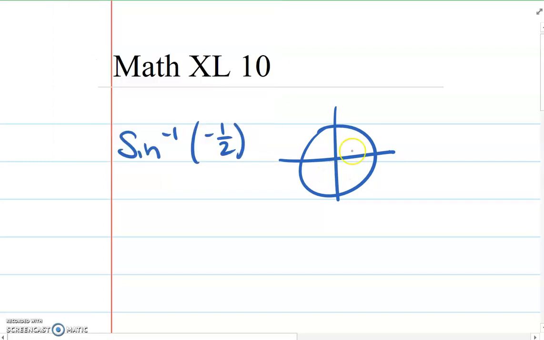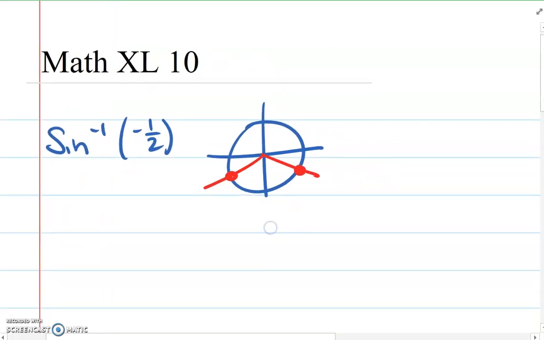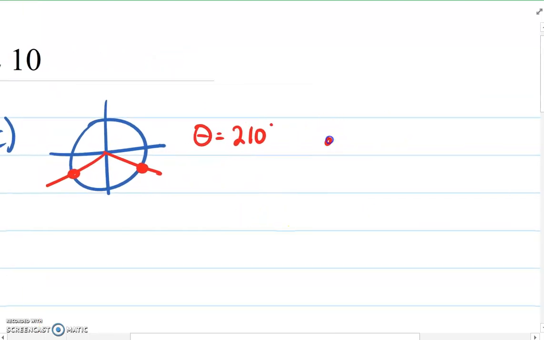To my mind, a y value is associated with the sine function, so that's in these two positions. The two angle measures that make that happen are 210 degrees and also 330 degrees.